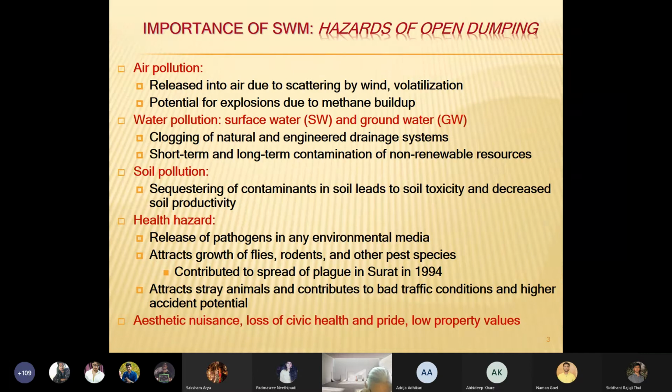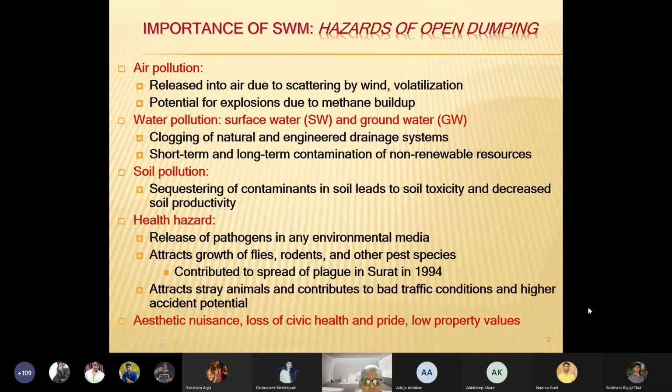So you have a bacteria, Yersinia pestis, that's picked up by the fleas. The fleas transmit it to the rodents, and these rodents, if they come in contact with human beings, will transmit this particular bacteria to human beings, and it can be fatal.